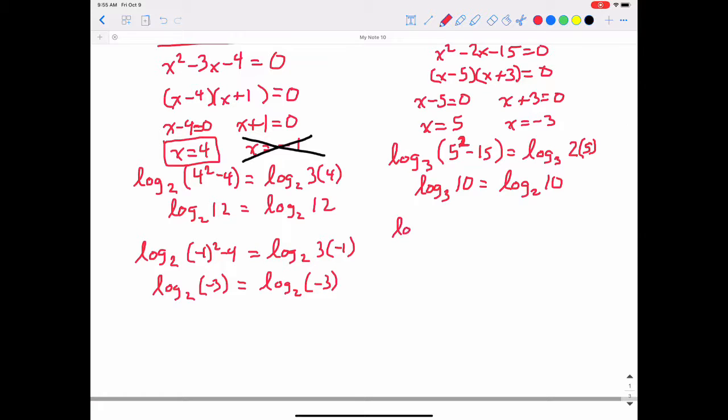Does the log base 3 of negative 3 squared minus 15, does that really equal log base 3 of 2 times negative 3?